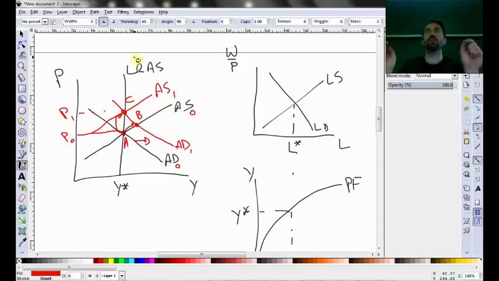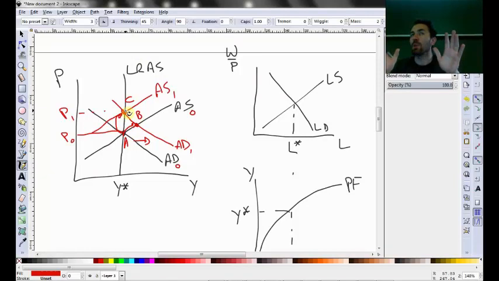So when we first introduced the aggregate expenditure model, I said that we had this character called Keynes who came along in the 1930s, and he changed the way that economic systems were analyzed. What he said was, this movement A to B to C, that's what the classical guys say.